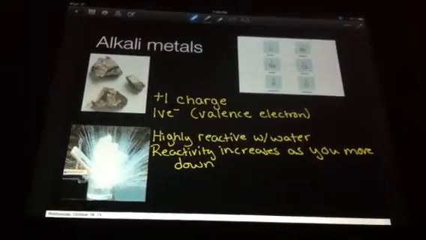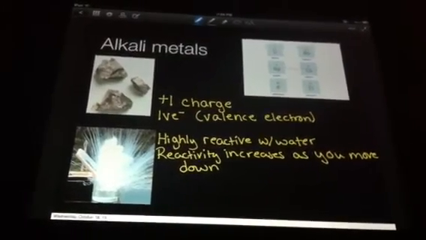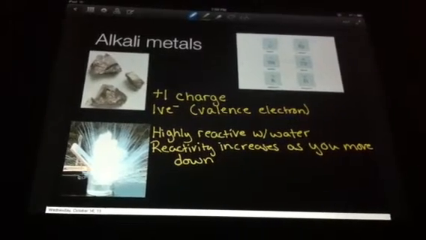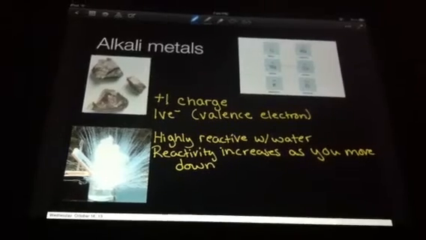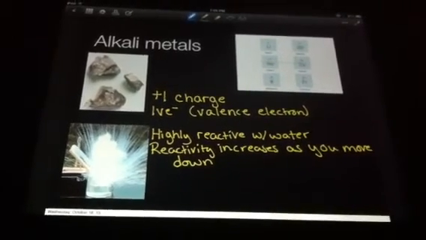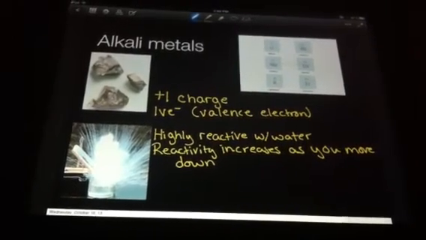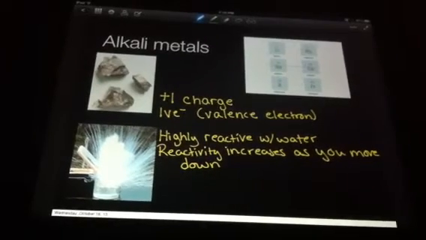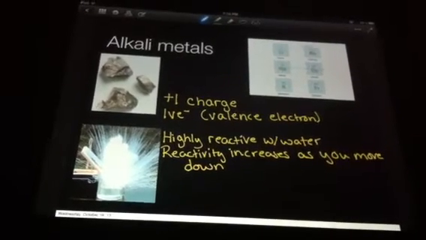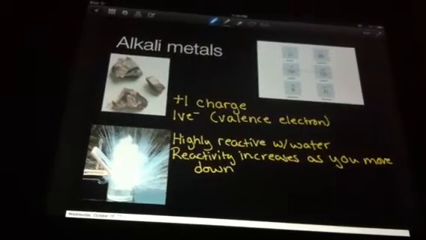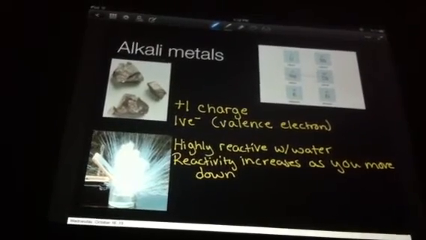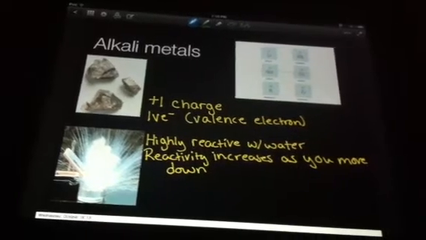Now, alkali metals, they have a +1 charge. They have one valence electron. If you see me write VE, that's referring to the valence electrons. These are highly reactive. You put a little piece in water, and depending on which elements you have, it reacts violently. Lithium, not so much, but when you get down to the other elements, they get a lot more violent in the water.